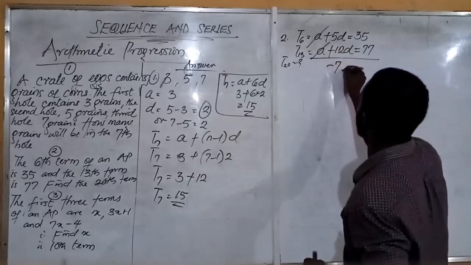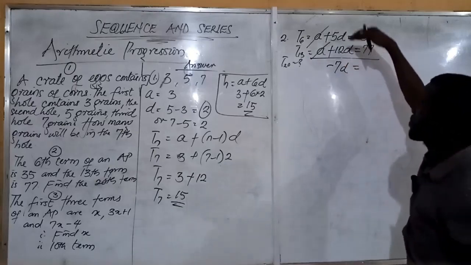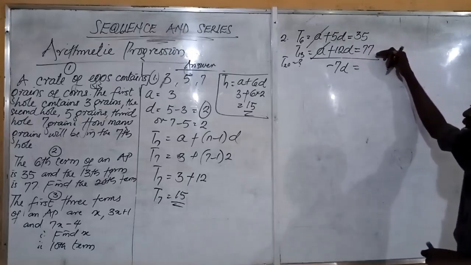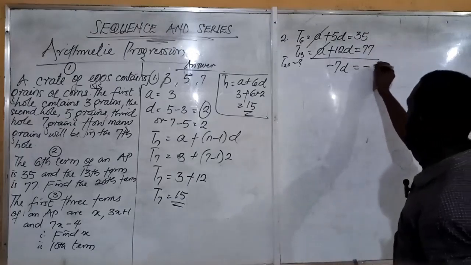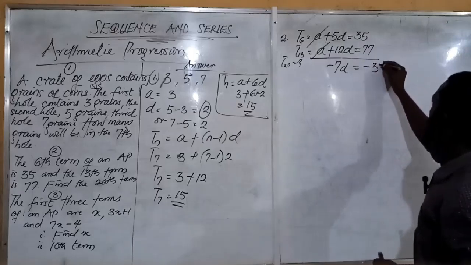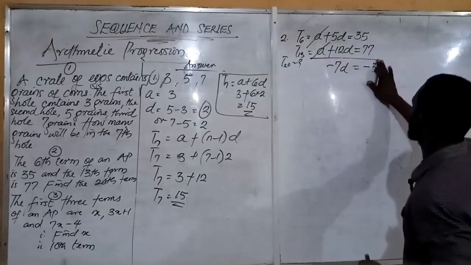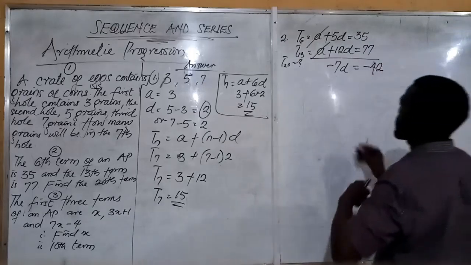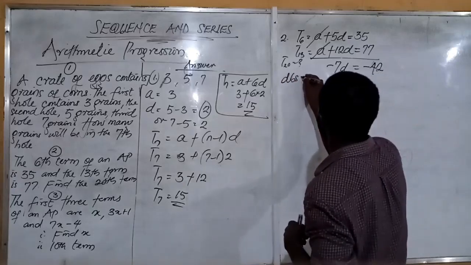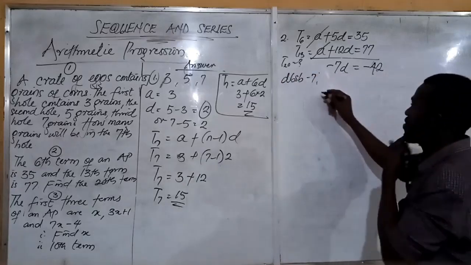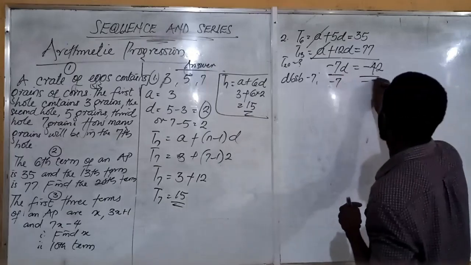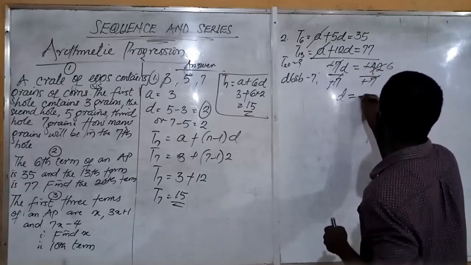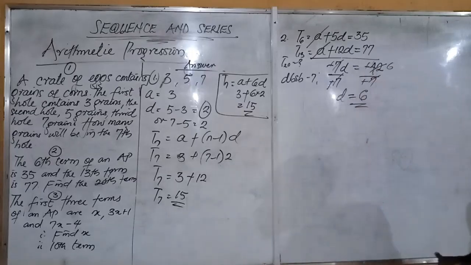That becomes minus 7D is equal to, 35 minus 77, which is minus 42. All right. So we can now divide both sides by minus 7. I say minus 7 here, minus 7 here, and then we have 6. So D is going to be equal to 6, because negative takes care of negative.